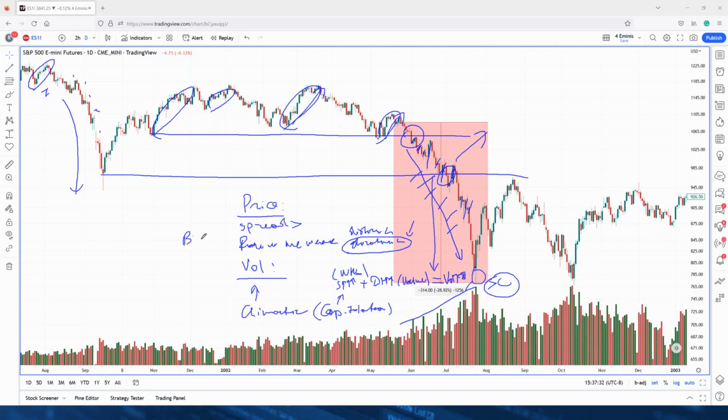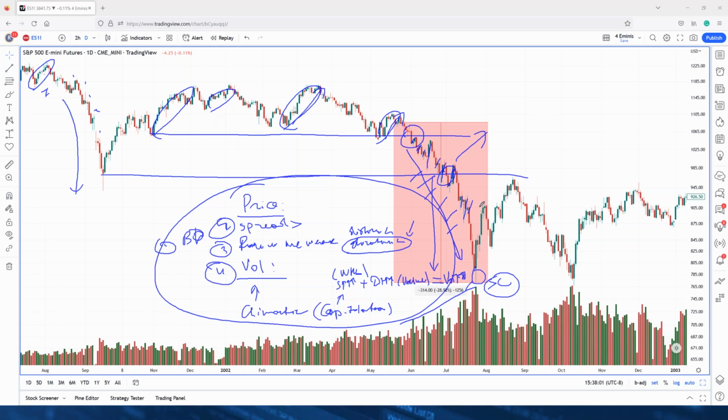So all of this: we're going to see an increase of this downward spread. We're going to see weaker rallies on low duration. We're going to see volume increase and specifically supply increase as well. And all of this are characteristics of this environment where we're in the capitulation type of move.